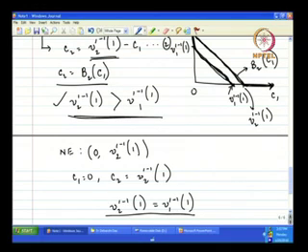In that case, there will be an infinite number of Nash equilibria, because the two best response functions will coincide on this downward sloping portion, and there are infinite number of such points here. So, all of them are Nash equilibria.